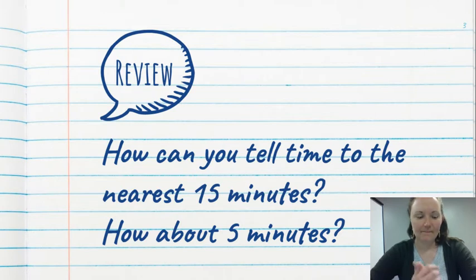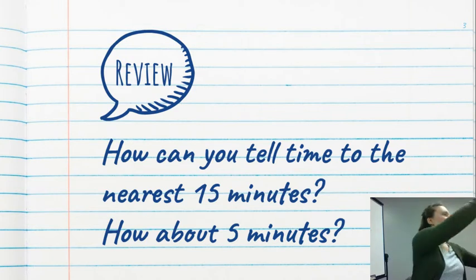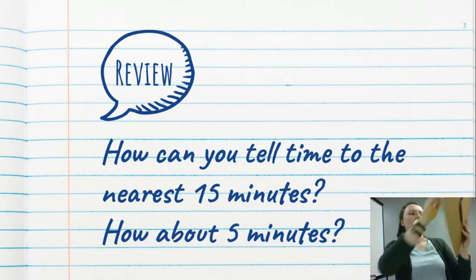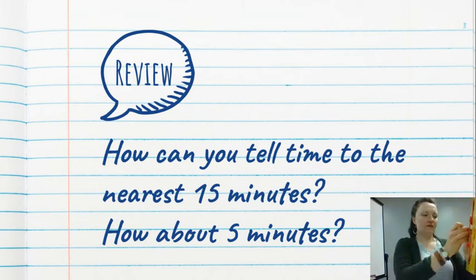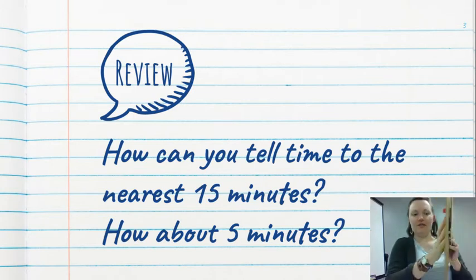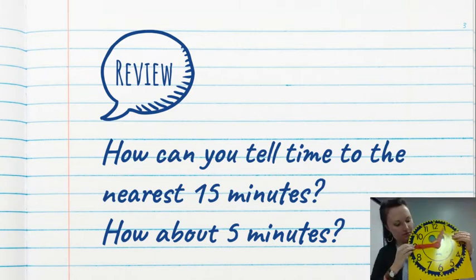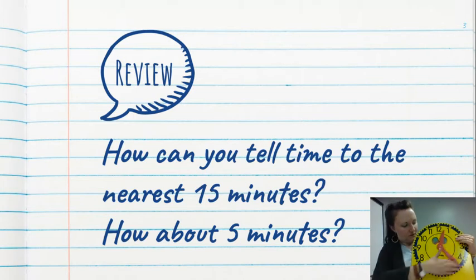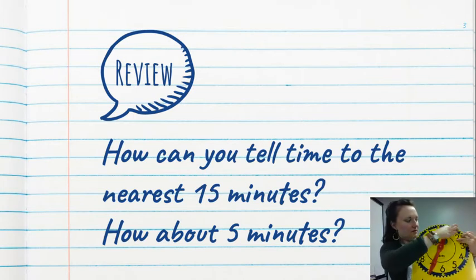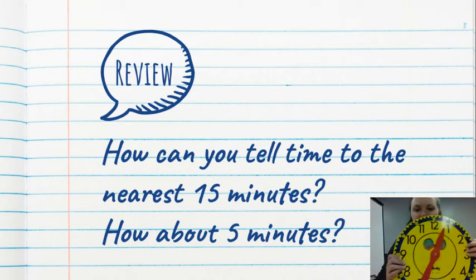Remember, when you tell time to the nearest 15 minutes, you have the 3, the 6, and the 9, and these are by 15 minutes. So 15, 30, 45. What about 5 minutes?